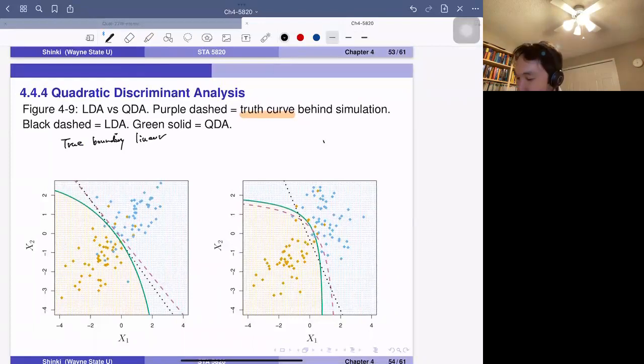The green one is estimated by QDA, and the black one is estimated by LDA. Which is better? You know the true boundary is purple, so the black one is probably better, because QDA is an unnecessarily complicated model.